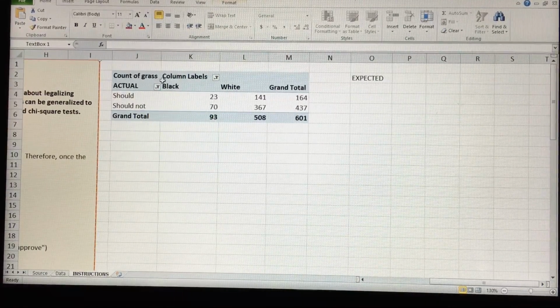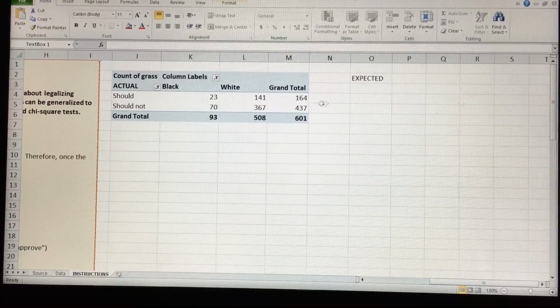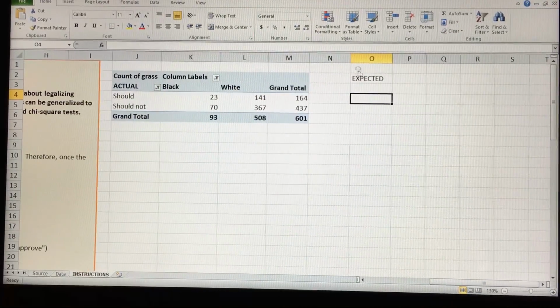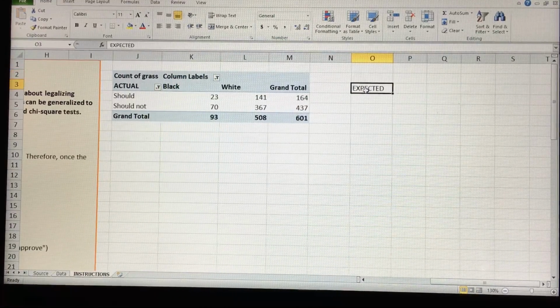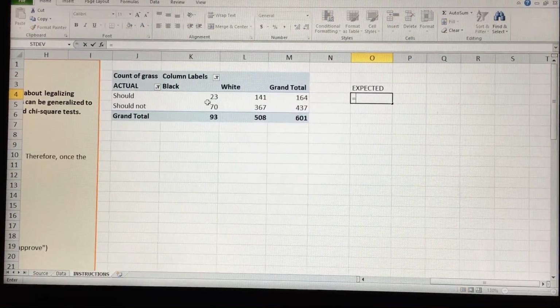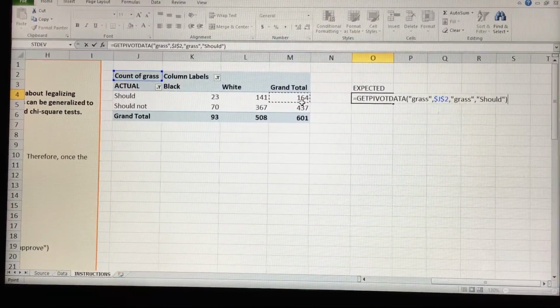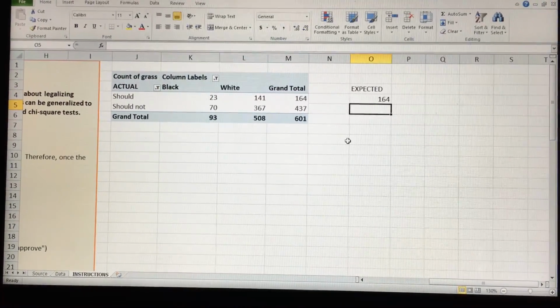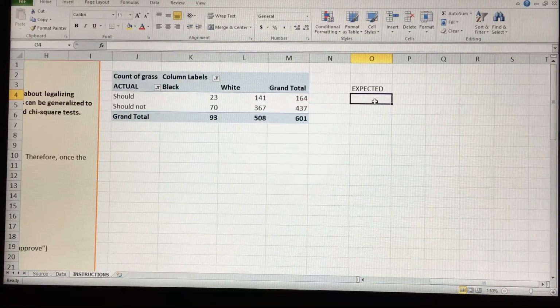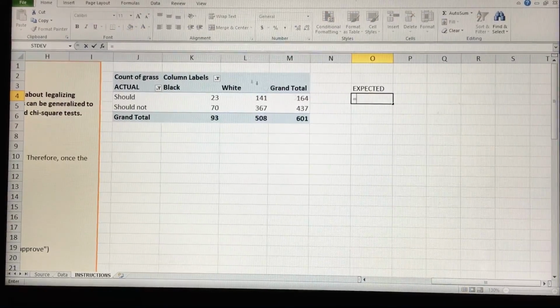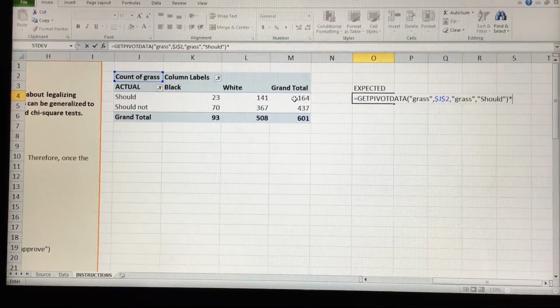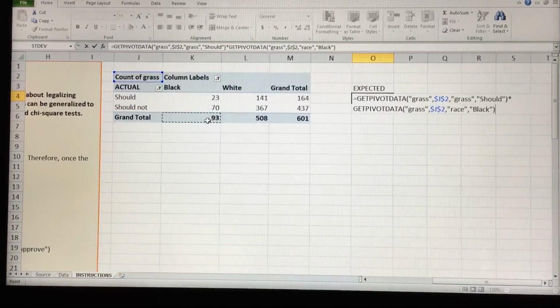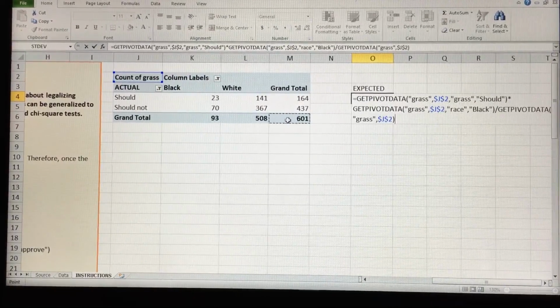So, actually, it might mean we need to take this down. So, equals row total times column total divided by total total.